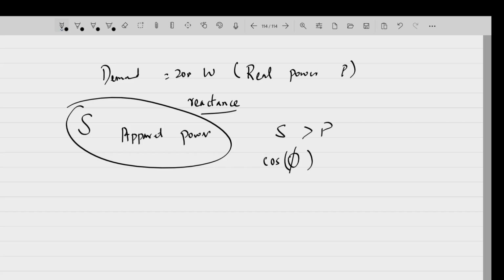It is not possible to have zero reactance in a system, and there is some amount of flexibility that your company provides you. जो भी आपके पावर सप्लाई प्रोवाइडर्स हैं, say for example between 0.8 to 0.95, they may allow you this much amount of leverage, जो आप इतनी रिएक्टेंस अपने सिस्टम में रख सकते हो ताकि जो उन पे लोड है that decreases. They have to supply you with the apparent power. They do not have to supply you with the real power.